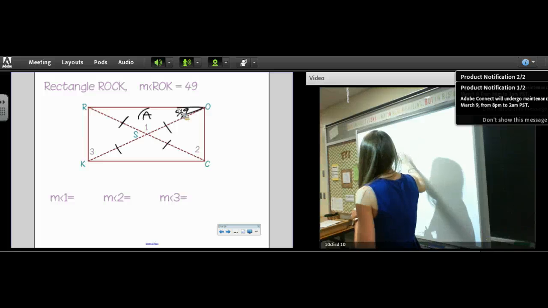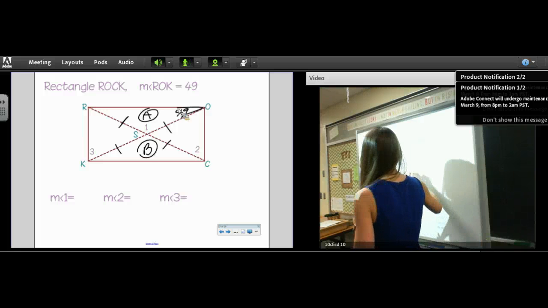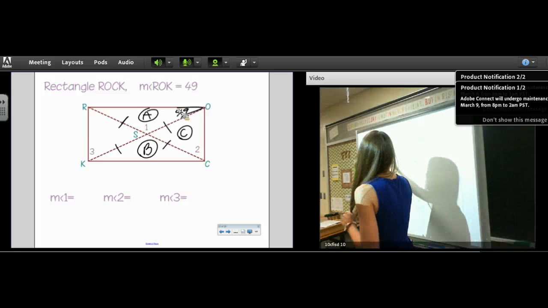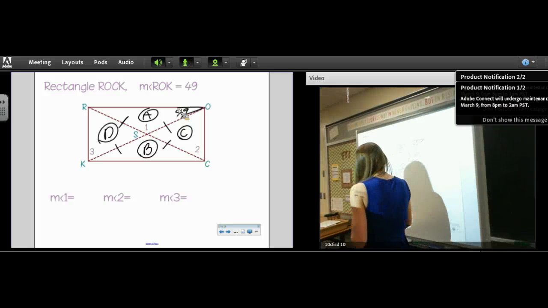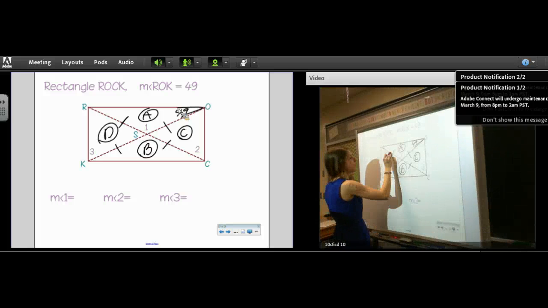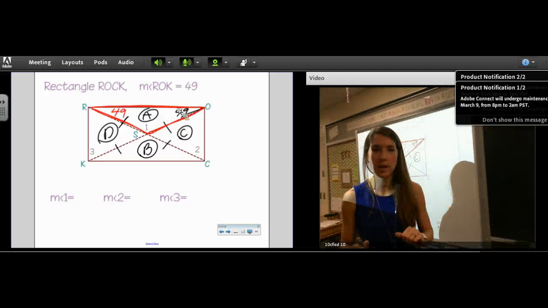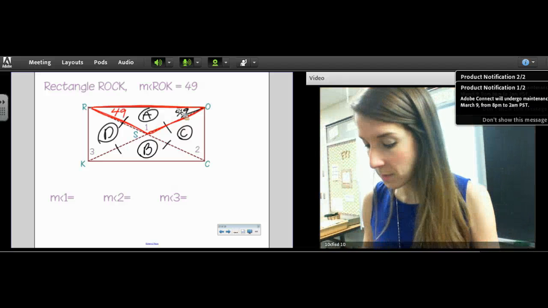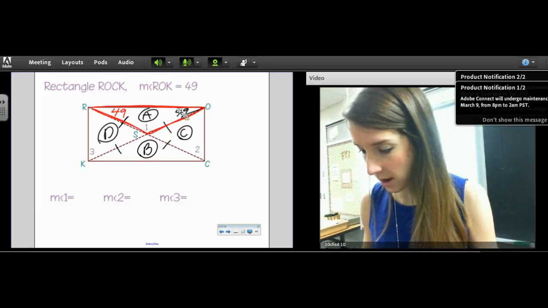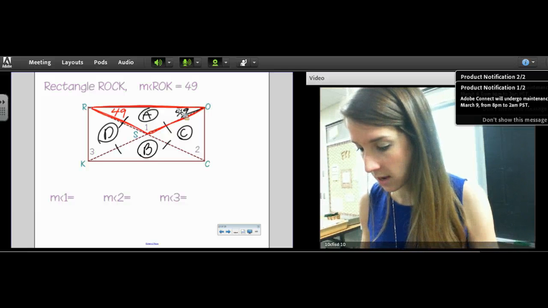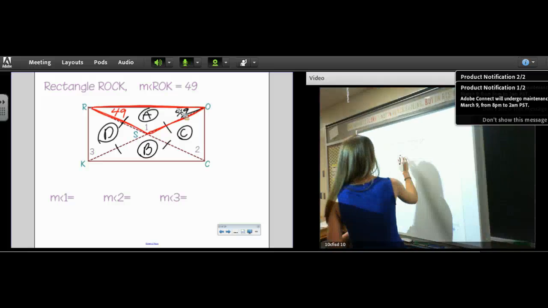Isosceles triangle A is the same as isosceles triangle B, and then isosceles triangle C is the same as isosceles triangle D. So you've got 2 pairs of congruent isosceles triangles. So if this is an isosceles triangle, then the base angles are congruent, 49, 49. And then we can add them up, 49 plus 49 minus 180, and we get this angle is 82.